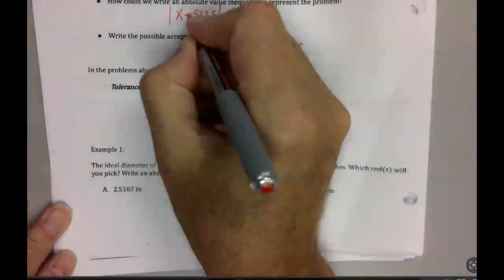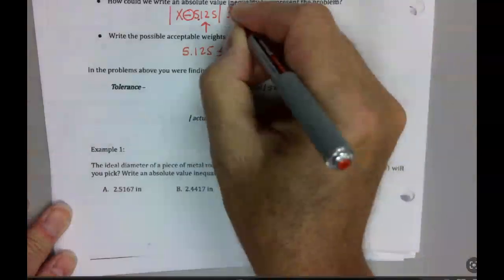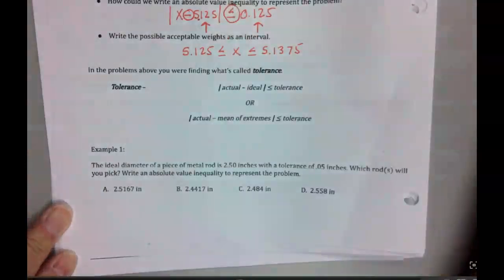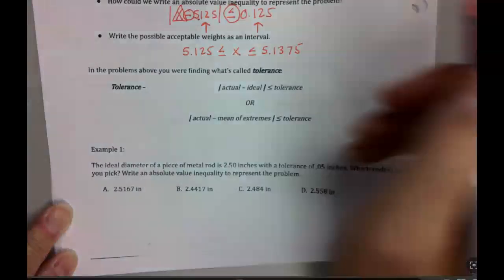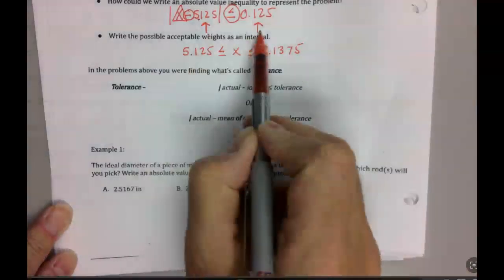This will always be minus. This will always be less than or equal to. Always when you write these equations. Always. Not sometimes. Always. This will always be x. The two things that will change are where I got the arrows. Okay?